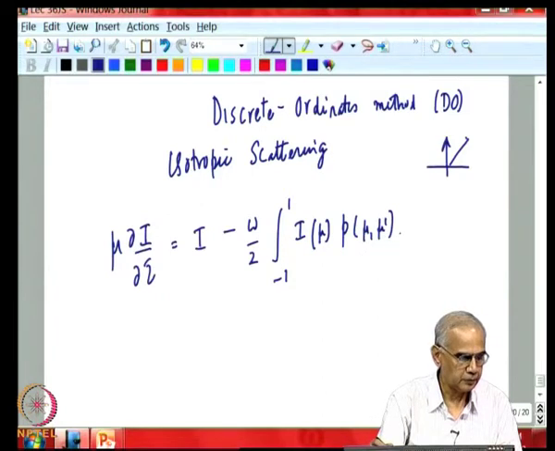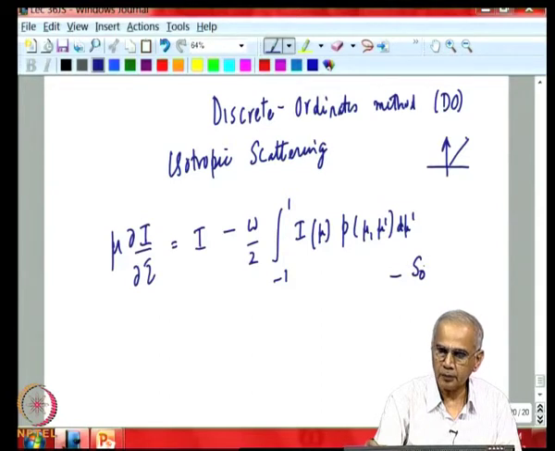This is a phase function, and you can also add a direct term representing solar radiation coming directly on the medium.